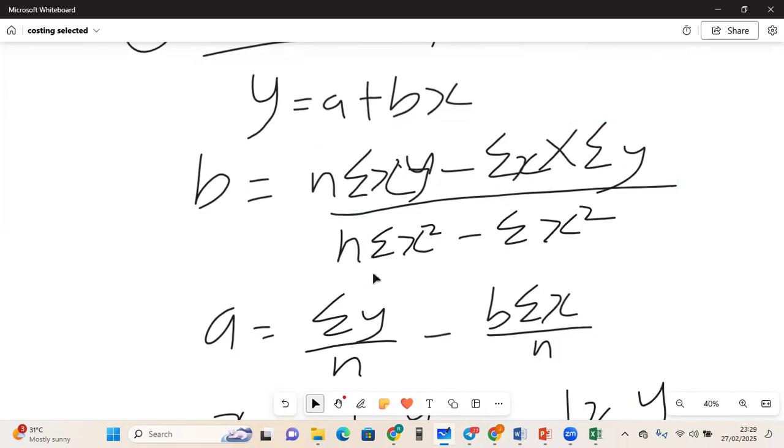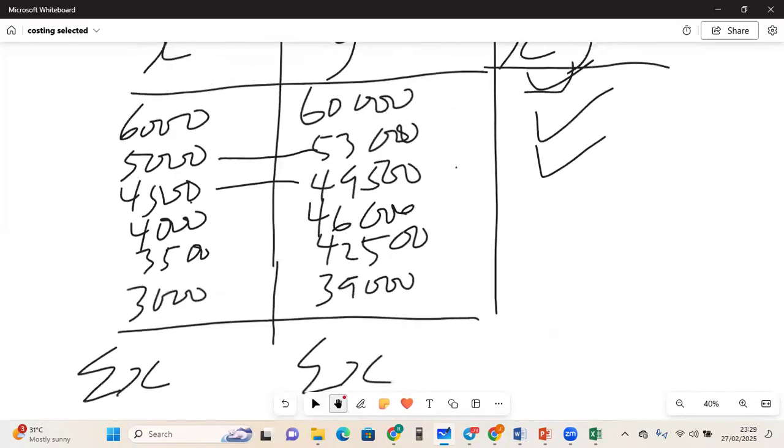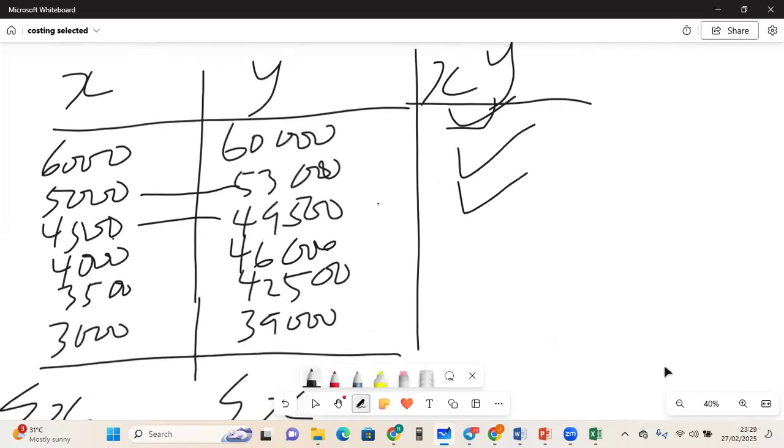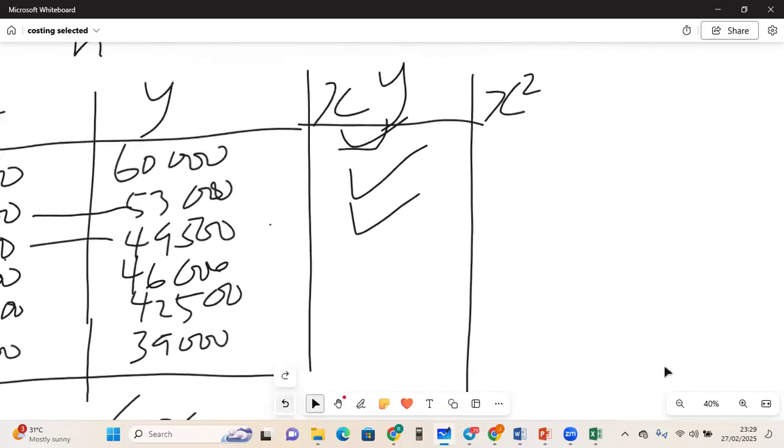Then now come and find x squared, right? So you open another table, then x squared. You open another one.